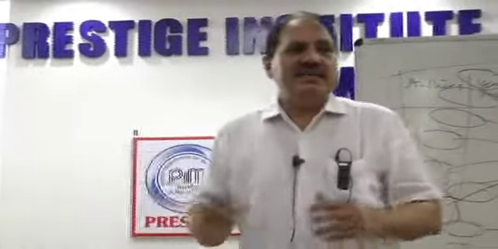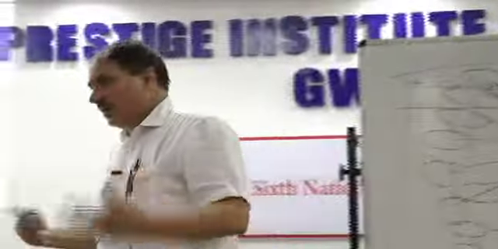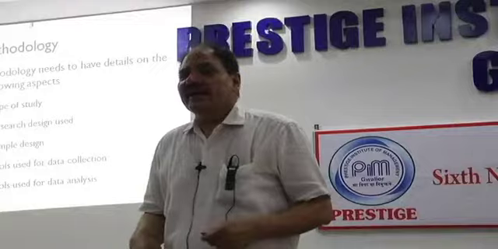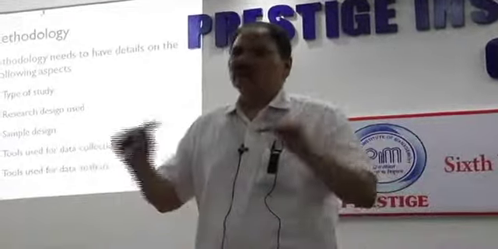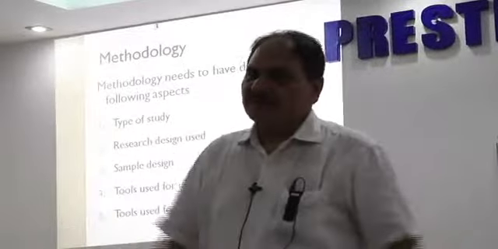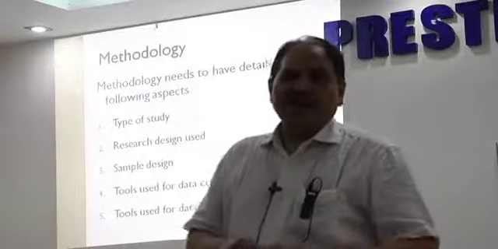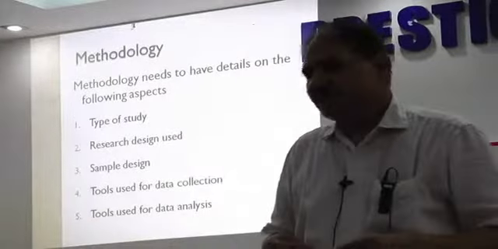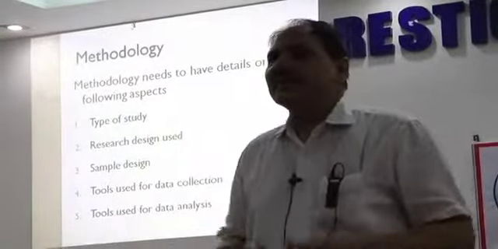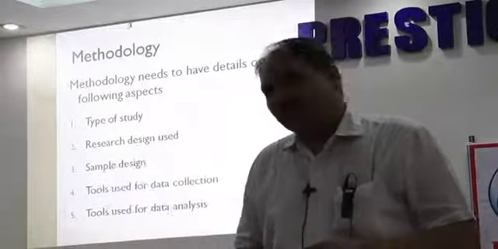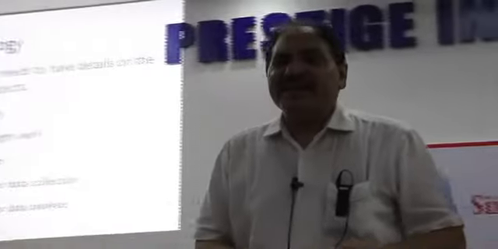These are described differently in the synopsis, and there are three basic types: exploratory, descriptive, and causal. You need to write which one it is, because it will indicate the methodology used.